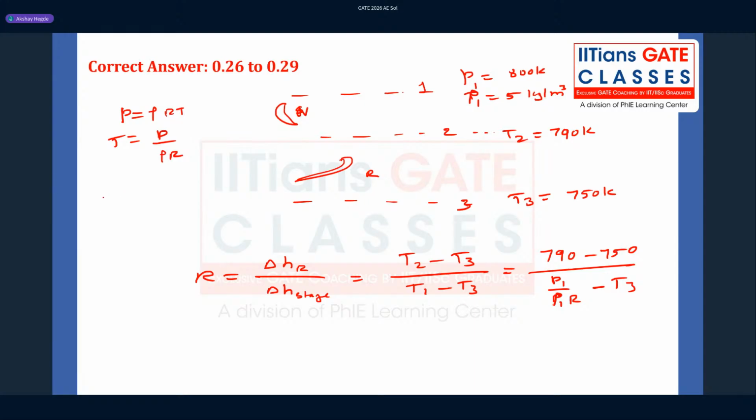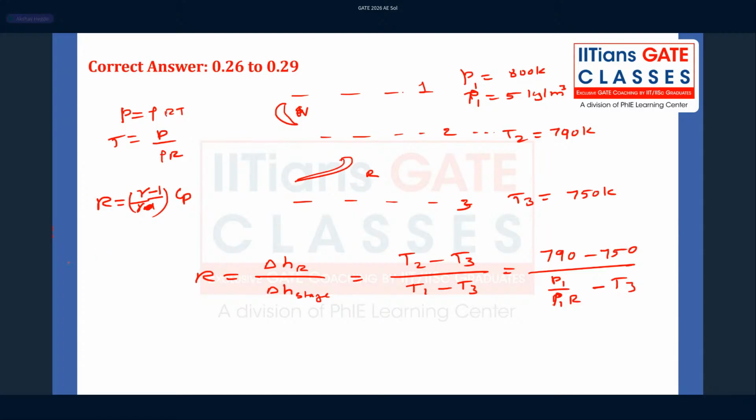So how do we calculate R? Cp minus Cv is equal to R, so R can be written as gamma minus 1 divided by gamma times Cp.